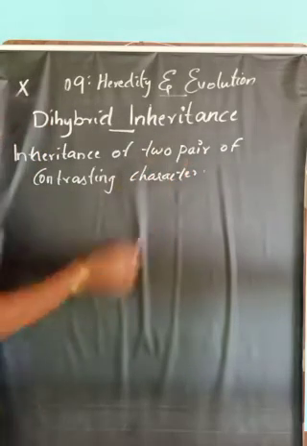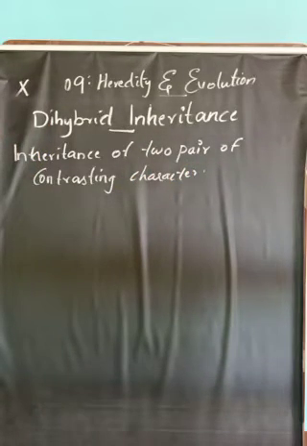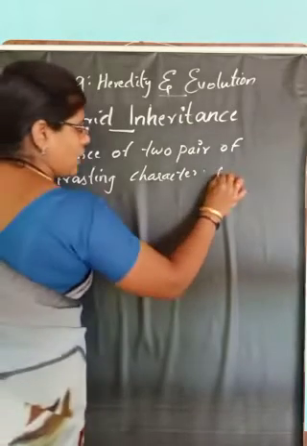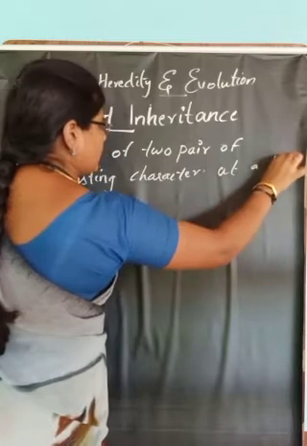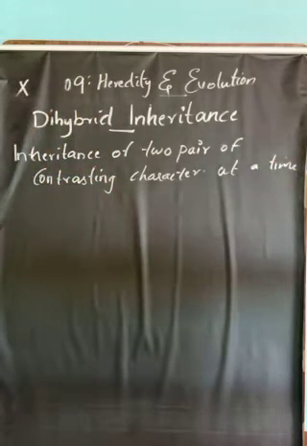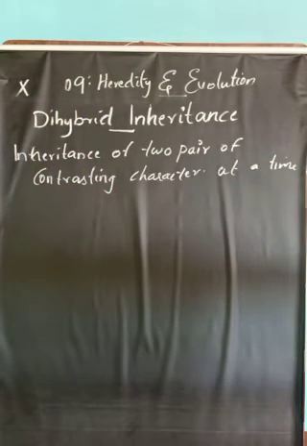So, inheritance of two pairs of contrasting characters at a time. At a time we are using two characters for the cross, that is called dihybrid inheritance.